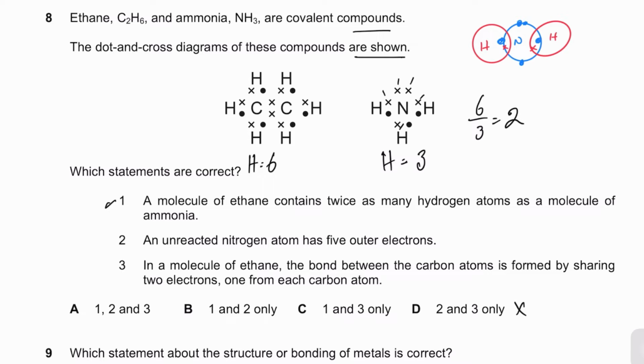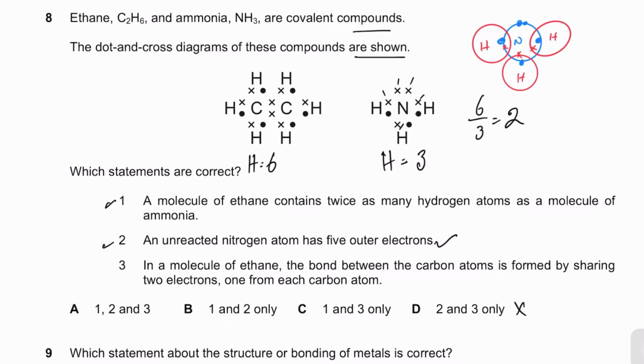Oh, I actually forgot, we'll have another hydrogen which will be reacting. So yes, we can see that nitrogen does have 5 outer electrons. So statement 2 is also correct.